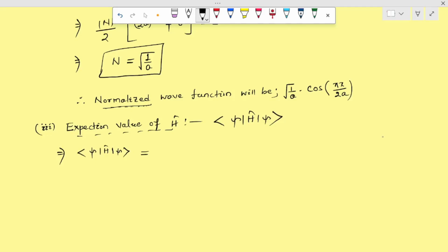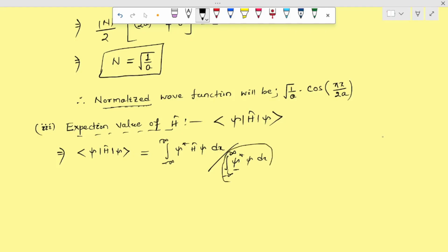So this is nothing but minus infinity to plus infinity psi star h cap psi dx divided by minus infinity to plus infinity psi star psi dx. As we considered here, psi is the normalized wave function.